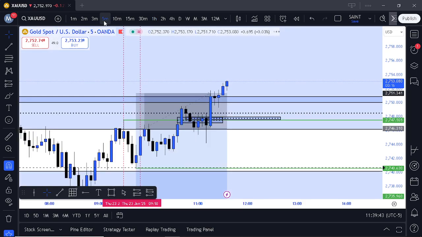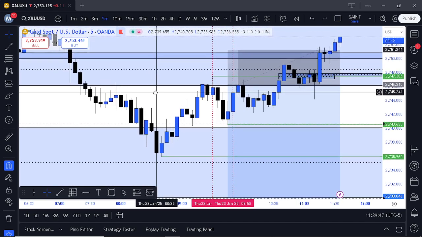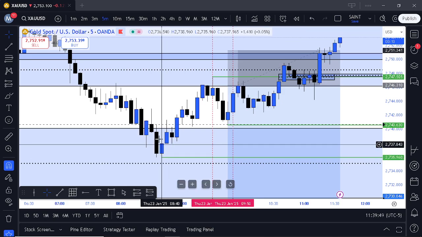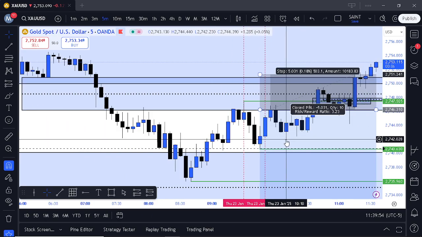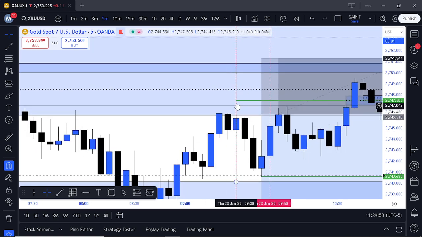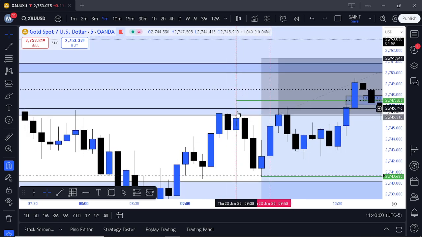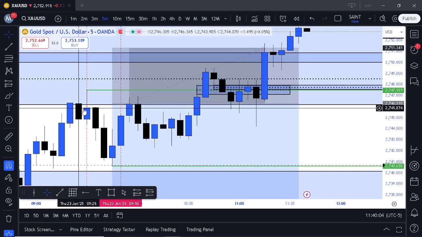But anyway, coming into my 5 minute chart, I was saying to myself I was going to target these lows and the bottom of this Fair Value Gap. What I was waiting for was for this high to be swept, and I wanted to see a closure outside of the Fair Value Gap once it got swept.